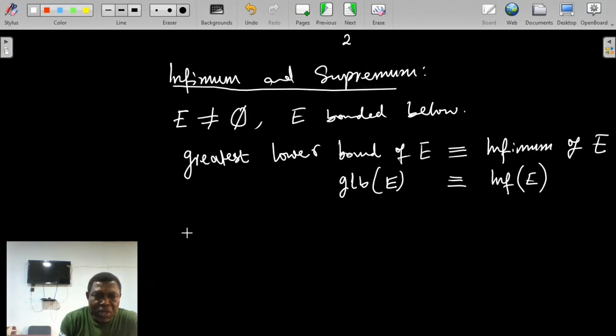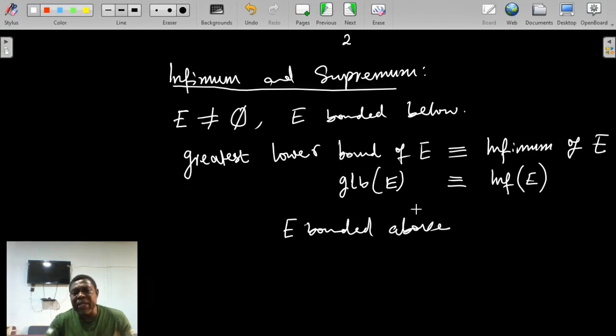Now, if E is a non-empty set, and we assume that E is bounded above, then the least upper bound exists. Once a set is bounded above, the least upper bound exists. That is, the least of all the upper bounds exists.